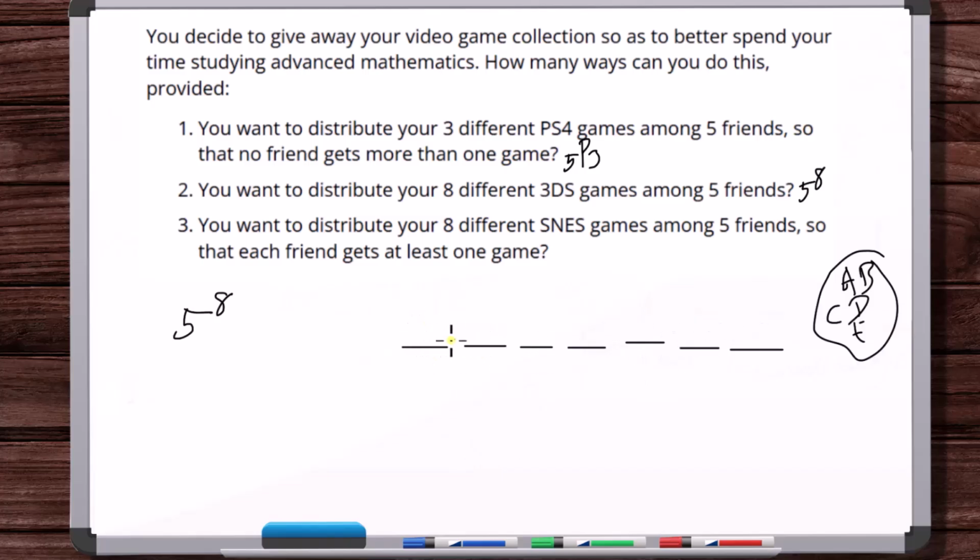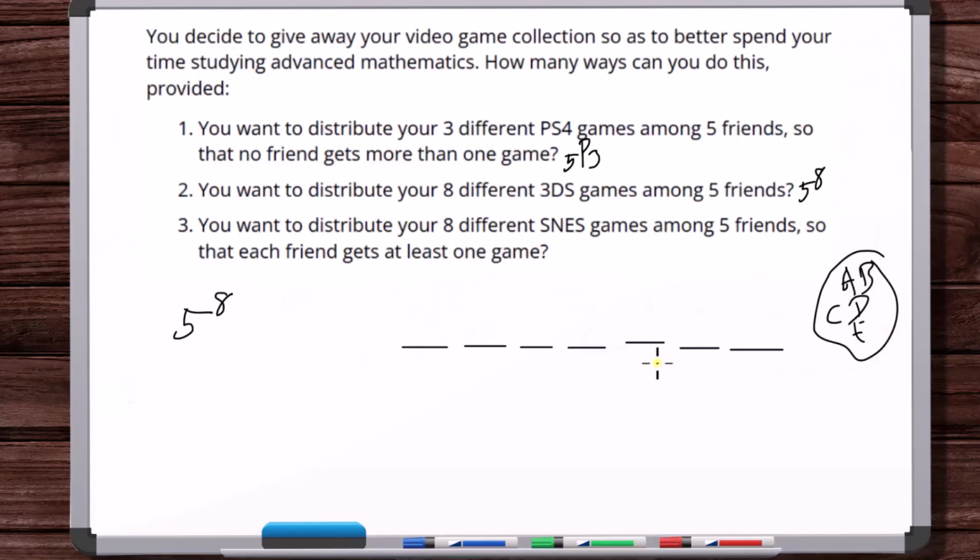So what would that be? 4 to the 8th would be one case where, let's say, friend E doesn't get a game. Then what's the total number of outcomes where you're just distributing 8 games to 4 friends? It's 4 to the 8th, right? You could give all 8 games to friend A, all 8 games to friend B, whatever.